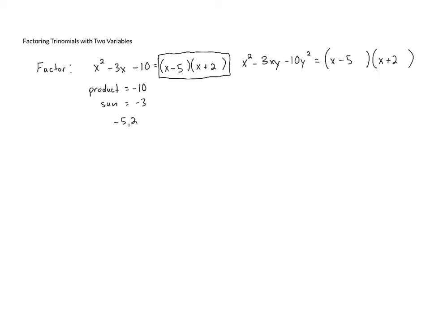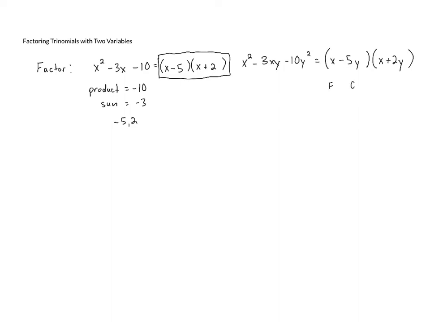So how can we change what we have to account for the fact that the negative 10 has a y squared on it? And the answer is by putting a y on each of these numbers, x minus 5y and x plus 2y. I'm going to show you why this works.